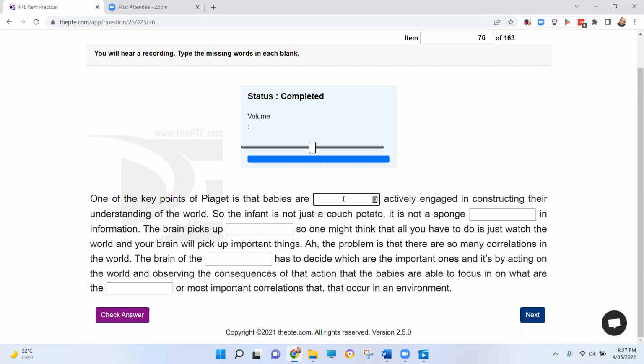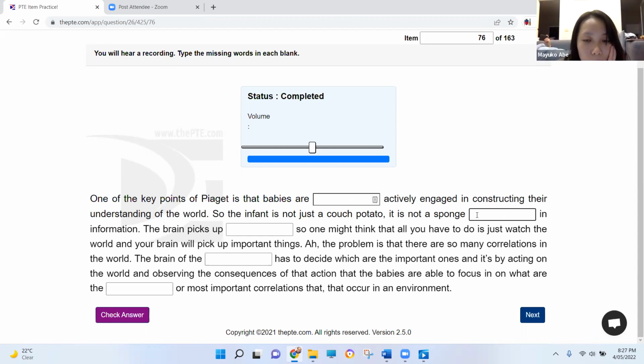No. All right. So number two, Mayuko. Talking. And Sohaila? Stalking. No, it's actually soaking. Both of you are wrong.